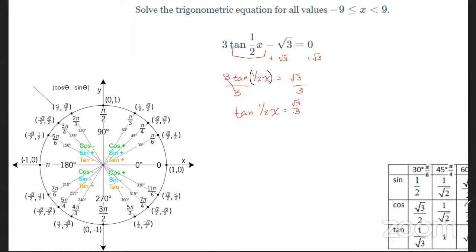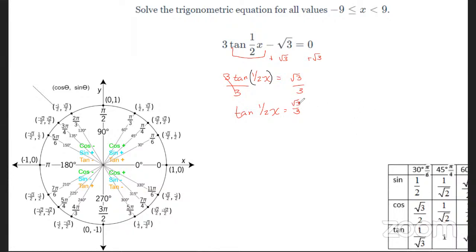If we look at our chart over here, that's not on the chart. It's also not any of these options, right? But remember, when you see a radical as the numerator and the same number as the denominator, it's probably one of those answers that has been rationalized.